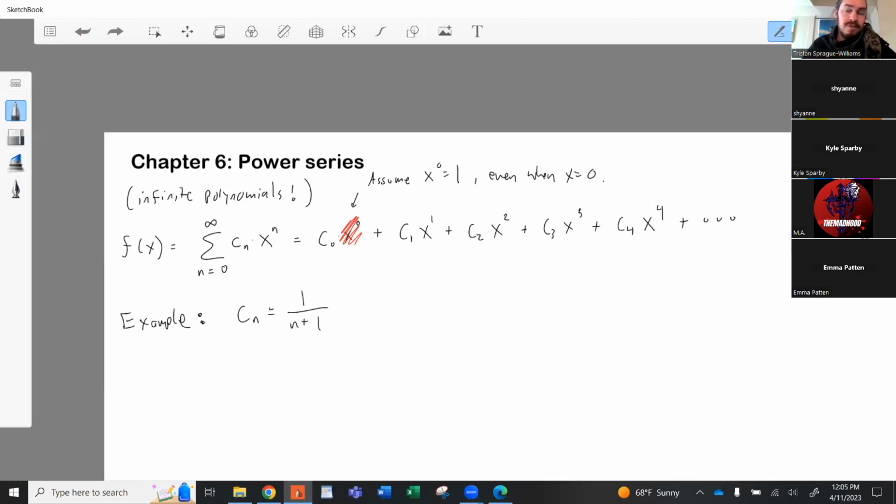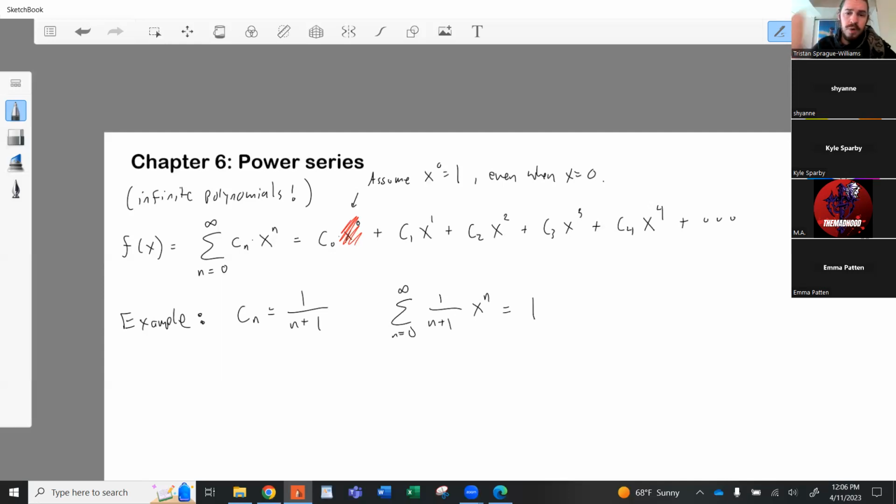So this is basically the harmonic series, except that now we're taking that harmonic series and multiplying it by these powers of x. So what you would get, written in this format, is 1 over n plus 1 times x to the n. The first term is 1, because it's 1 over 0 plus 1 times x to the power 0.